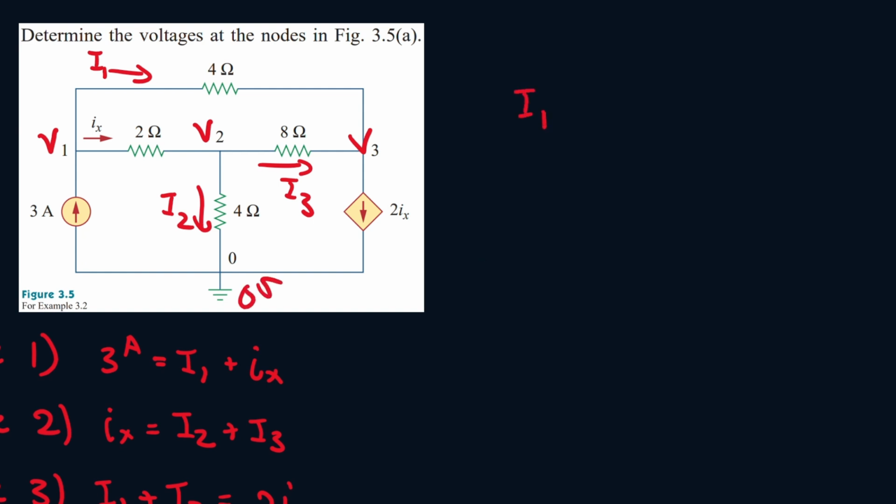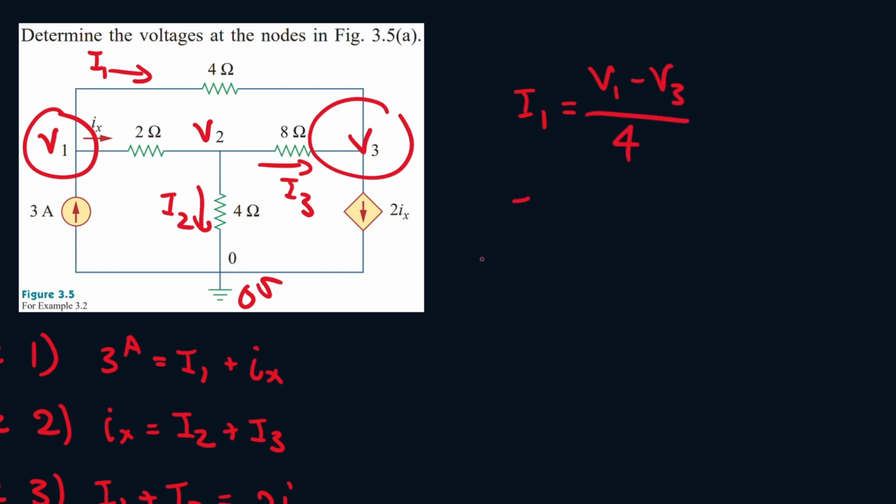We call this the ground node, so it'll be 0 volts down here. And okay, so for I1, it goes from a high potential to a low potential. So it'll be V1 minus V3 all over 4. I2 goes from a high potential to a low potential. So it'll be V2 minus 0 all over 4.